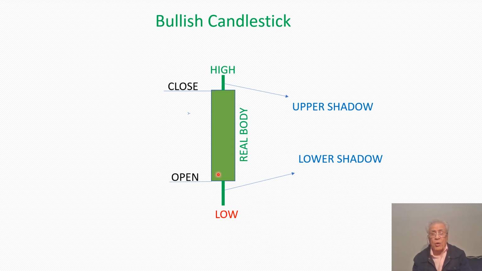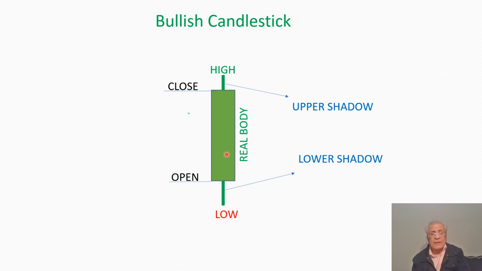So from open to 115, now all the color is green. Now again the sellers push the price down. As soon as they push the price down, it comes back to 110, and the market closes and leaves an upper shadow. So that is the creation of the upper shadow and lower shadow.